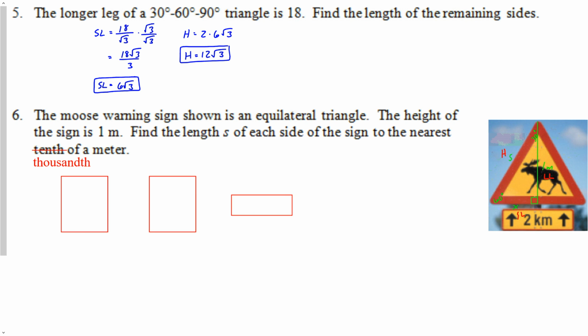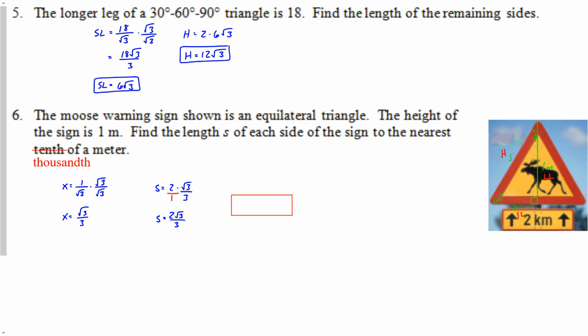So going from long leg to short leg, I have to divide by the square root of 3, which then means I have to rationalize. So I have the short leg being square root of 3 over 3. Now the hypotenuse is always double the short leg. So 2 times the square root of 3 over 3. Again, remember that multiplying 2 times a fraction, 2 has a denominator of 1.